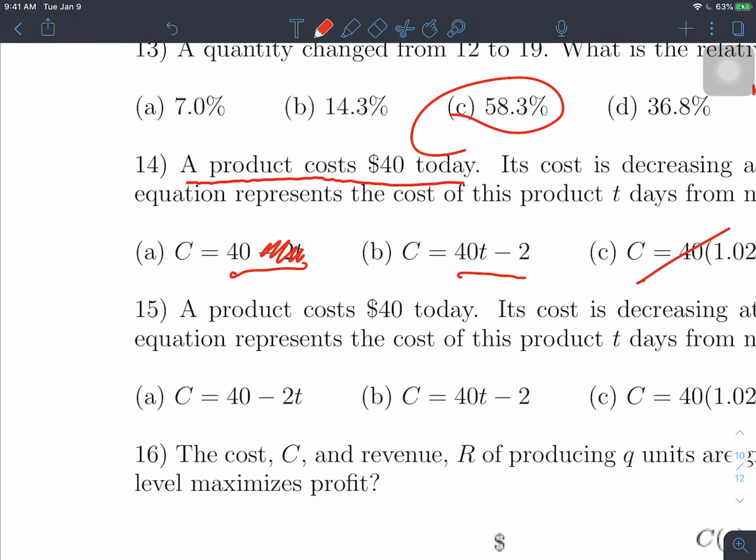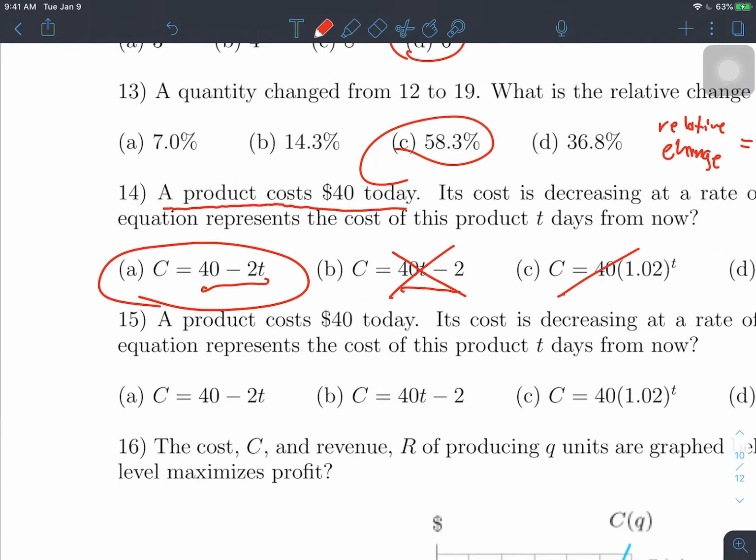Whereas the other one, if we plug in t equals 0, so today, then this will go away and we'll have c of 0 is equal to -2. That would mean that the product is worth -$2 today, which doesn't correspond with our problem. So I'm going to say no to B and yes to A.